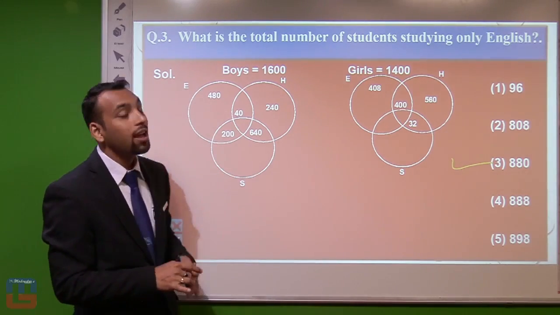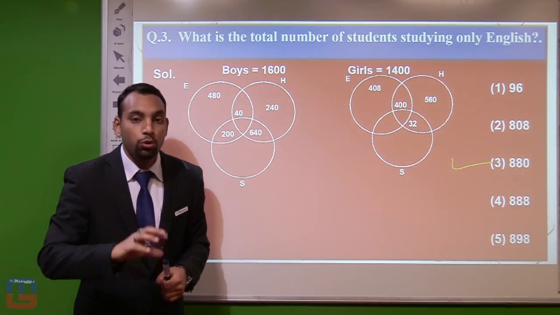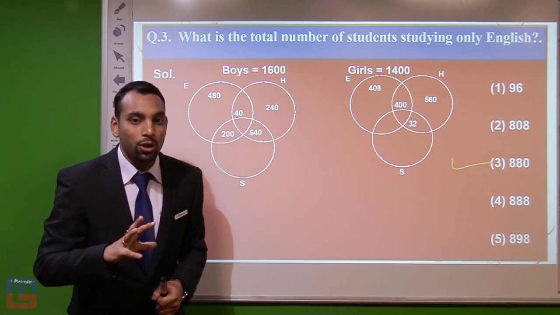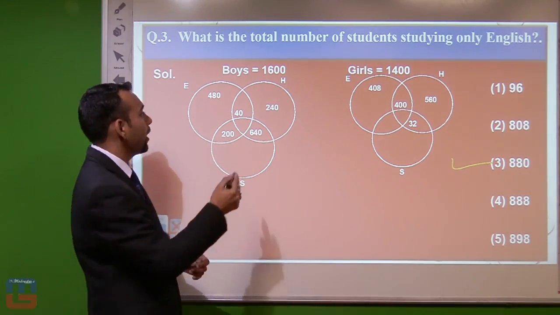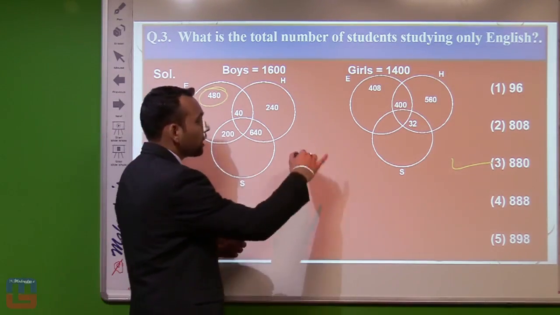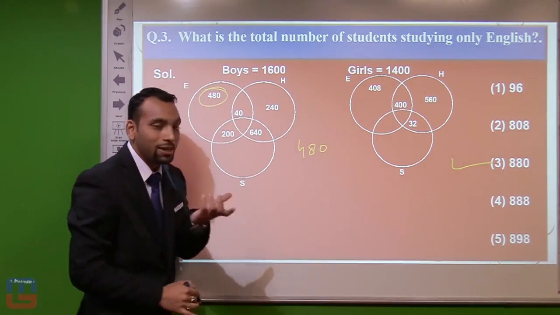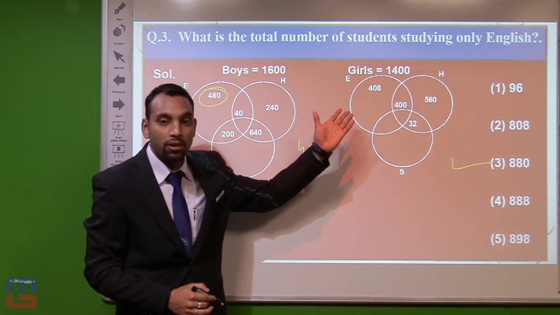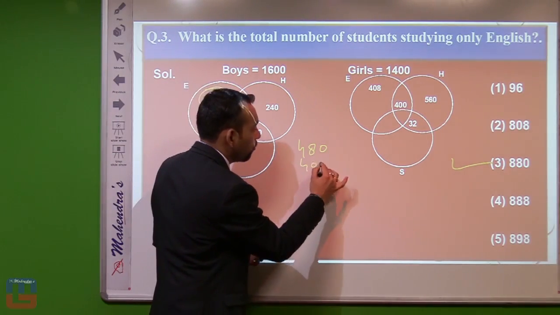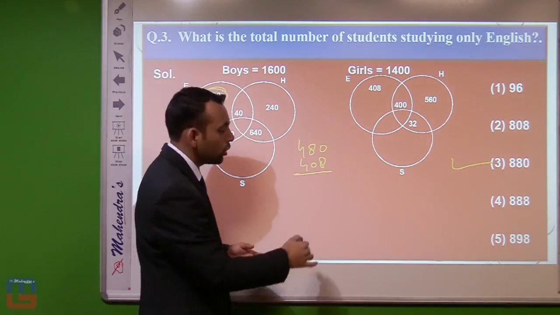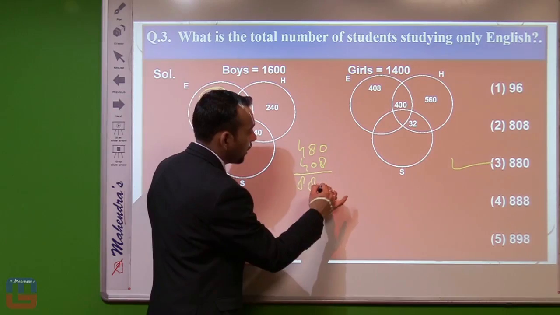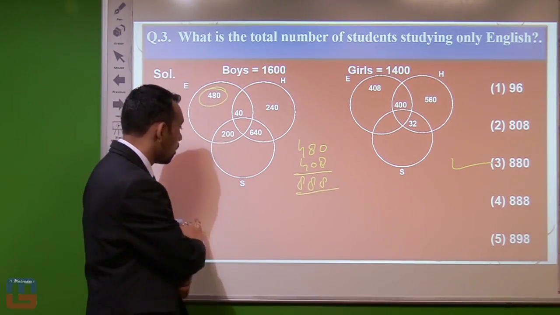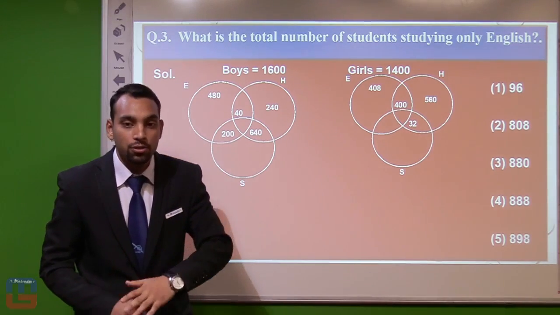The question says total number of students, which means boys and girls both. Here the total number of boys studying only English is 480, and in the same way here 408. So if you add both of these, you will get 888. So the answer will be 888. You can see here the fourth option will be the correct answer to this question.